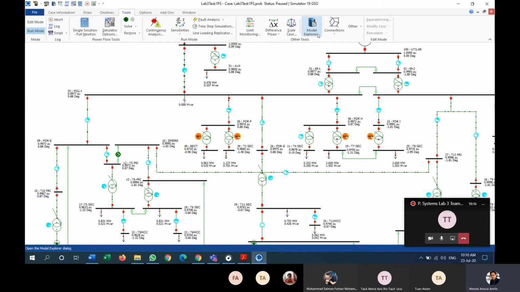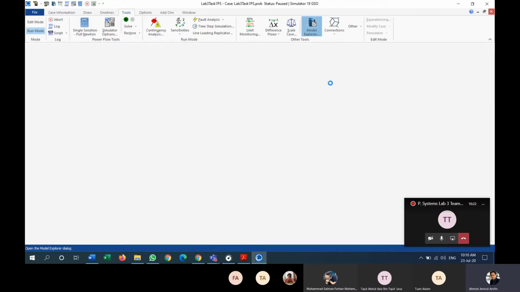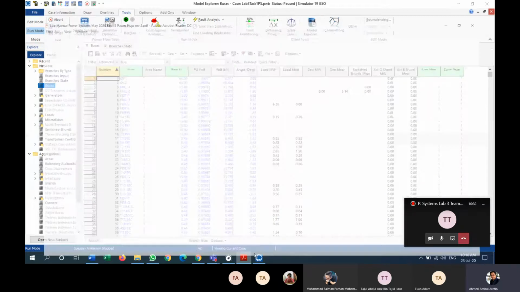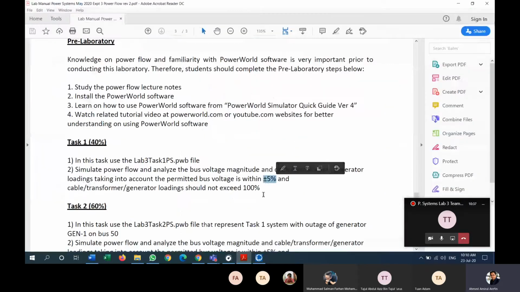Under the Tools there is an option, Model Explorer. Just click it. Now our consideration is that the voltage should not be less than plus minus 5%.